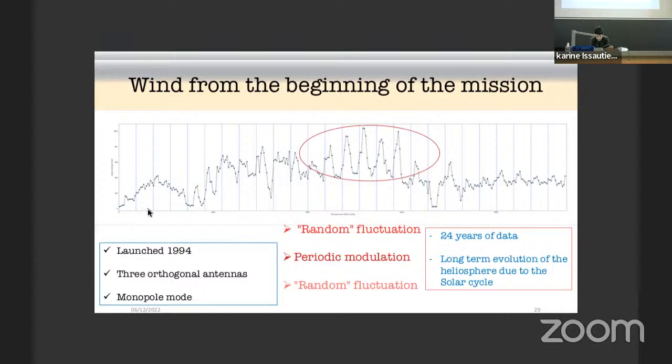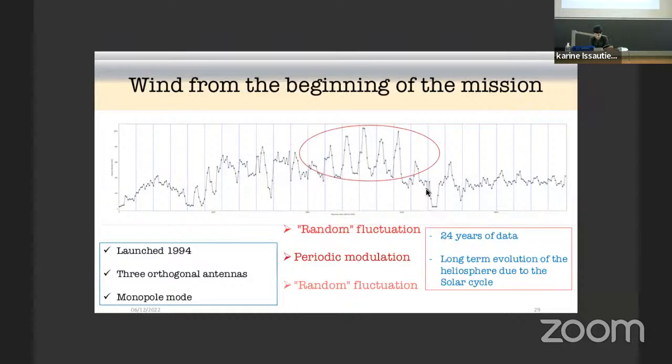And so we can see here, at the beginning, Wind is in the magnetosphere of the Earth, so we don't expect to see a lot of dust. But after, we have seen some random fluctuations here. And at one point, those fluctuations actually become really periodic modulations, like in this period.